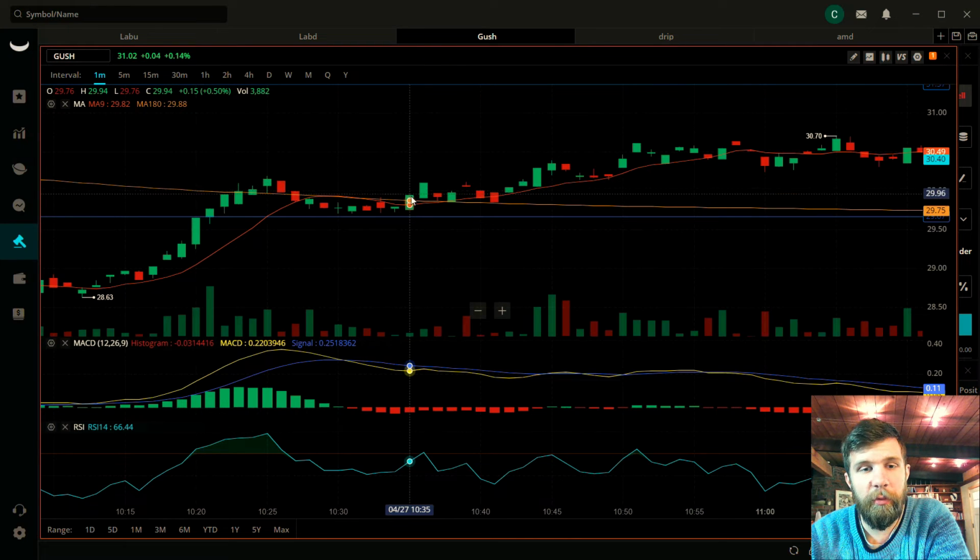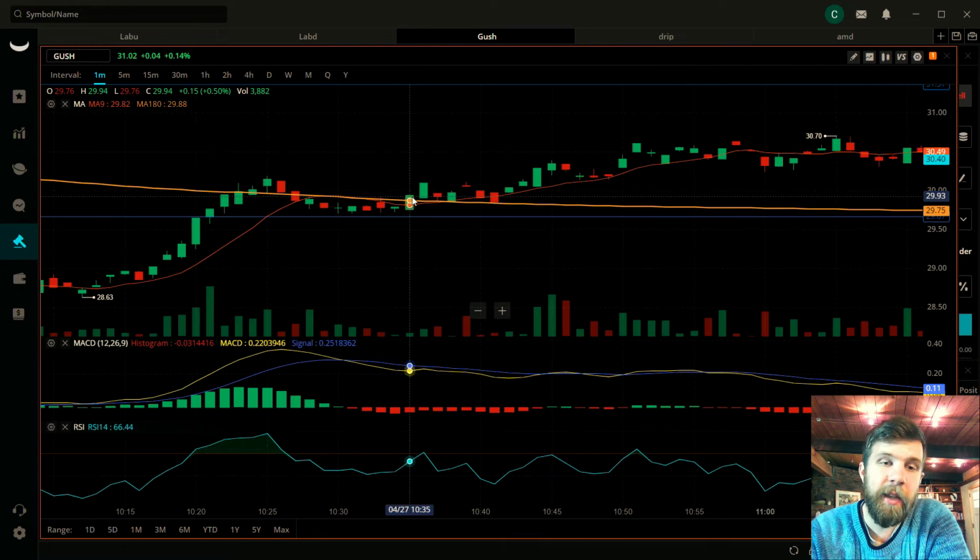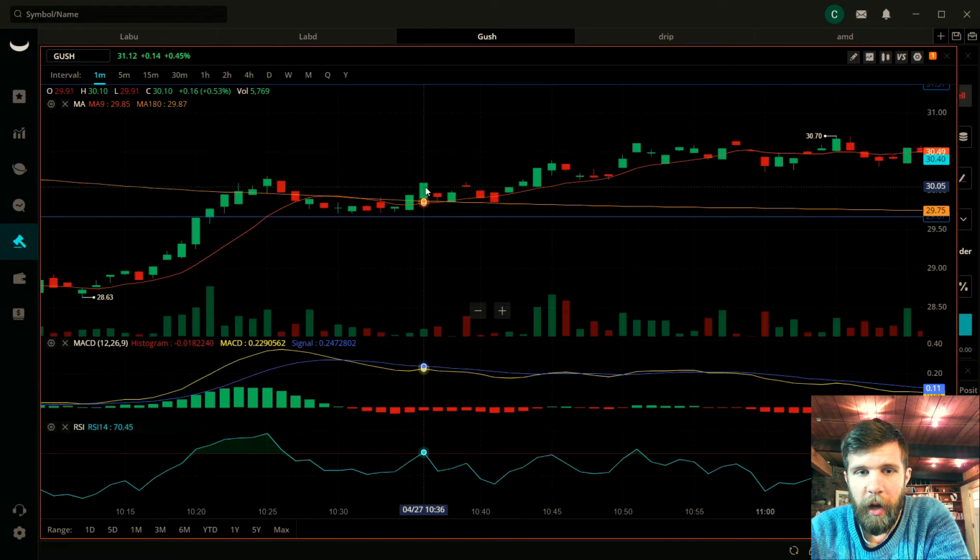Now, I wasn't really intending on selling there right at that time because it was looking good. I would have tried to sell more upwards of here. But again, when you're in the moment and the stock isn't just driving up the way you want it to, it's a little bit choppy. It's just really hard to know what to do.